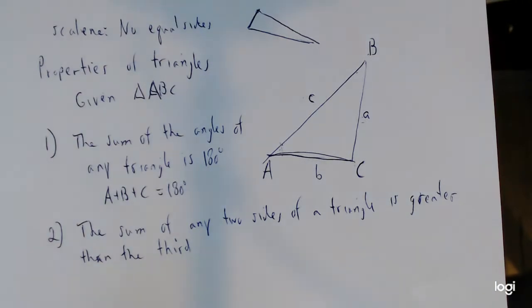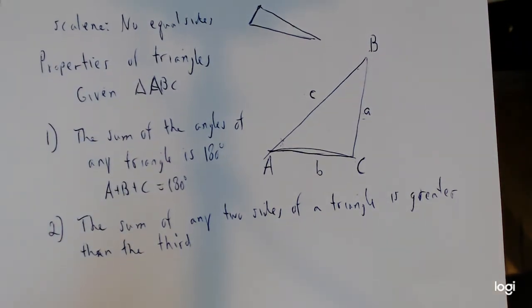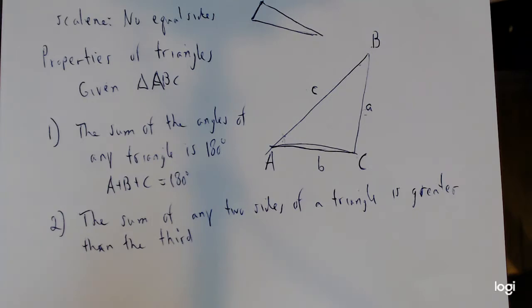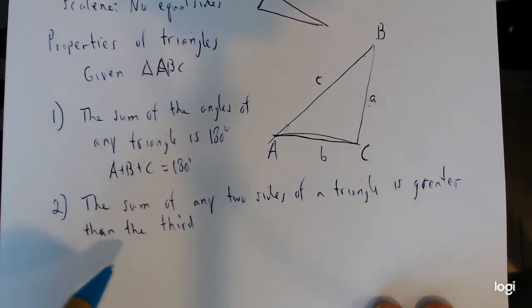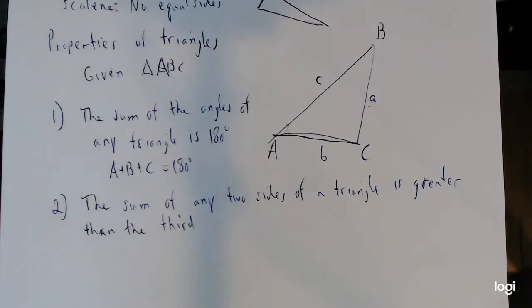In other words, if you ever find a triangle where you take any two sides, add them together, and it's not greater than the third side, then that's not a triangle. That cannot work. This is known as the triangle inequality, a very important concept in mathematics that's used quite a bit in a lot of theory and proofs.